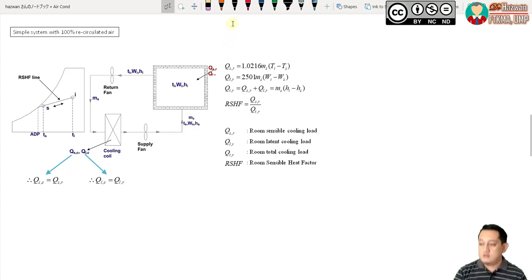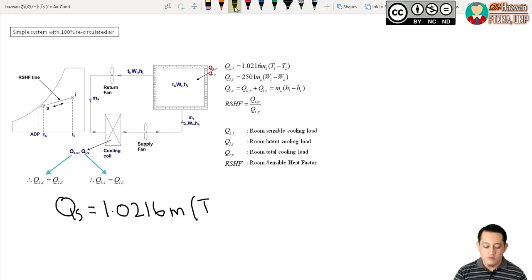For sensible heat, we label it as QS, equals 1.0216 times the mass flow rate times delta T. Delta T here represents T in minus T out, or can also be T out minus T in, either one.